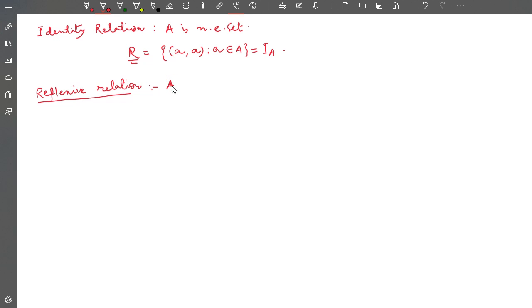A relation R is reflexive if every element is related to itself.